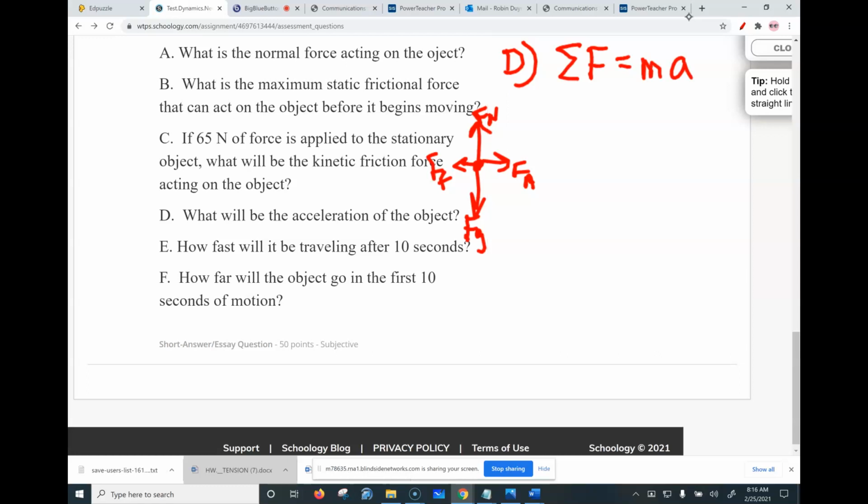I look at my free body diagram just for the x direction. It's not moving in the y direction, so it's only in the x. So I pull it right off. My FA is pointing to the right, so it's positive. My F friction is pointing to the left, so I make it negative. And then I say m times a.